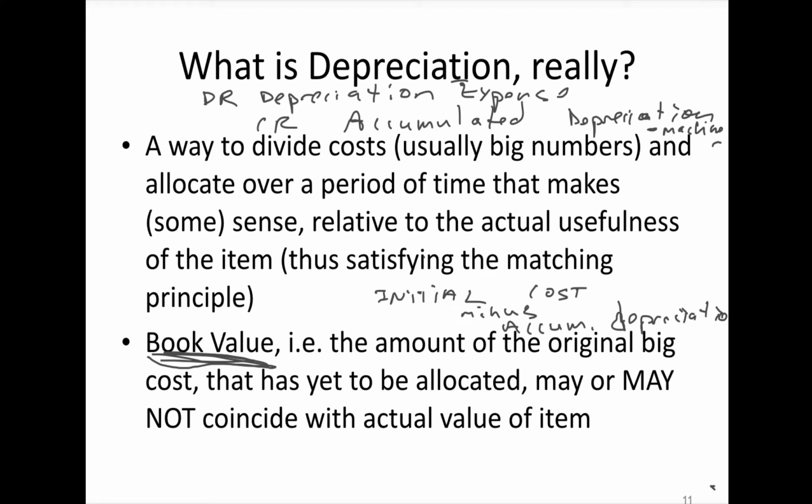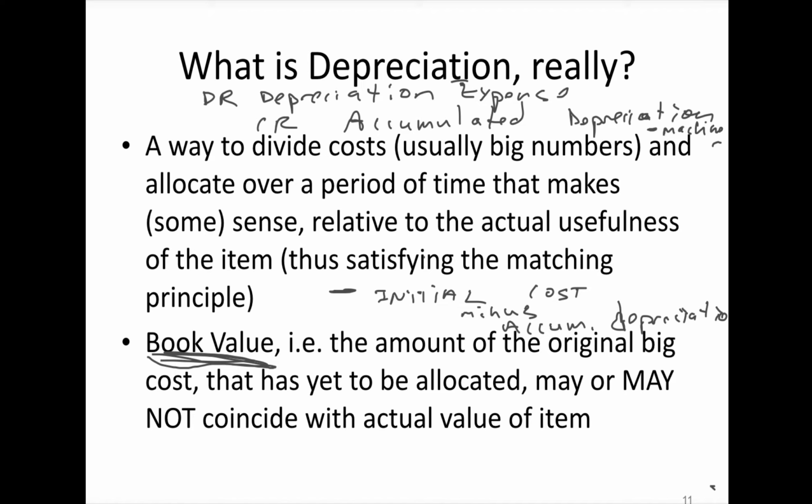Okay? So as we go year to year doing these journal entries that cause depreciation expense to be recognized, each one of those journal entries, the credit side is accumulated depreciation. That basically is saying, here, keep track of how much you've already allocated from your initial cost. So, got my initial cost. Then as I go doing depreciation year by year, each time I do a depreciation journal entry, I'm adding to this accumulated depreciation.